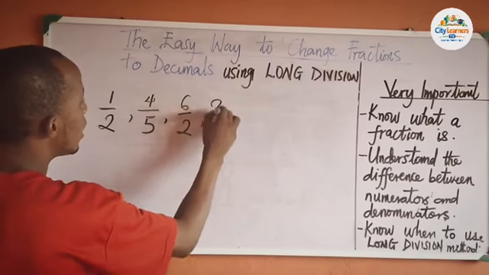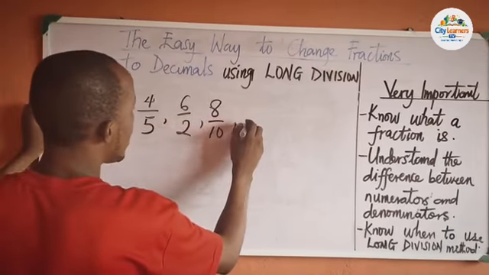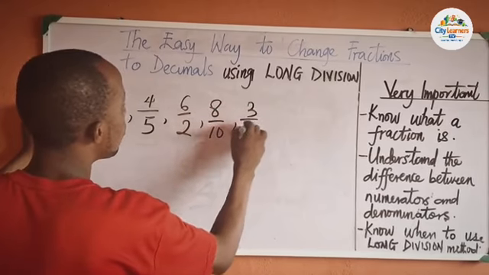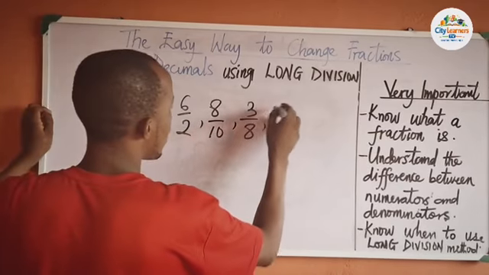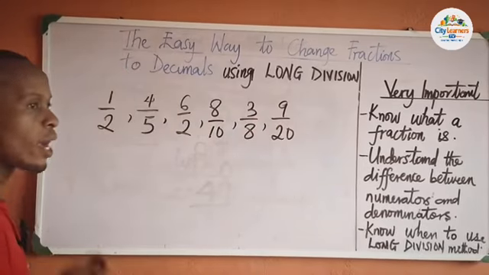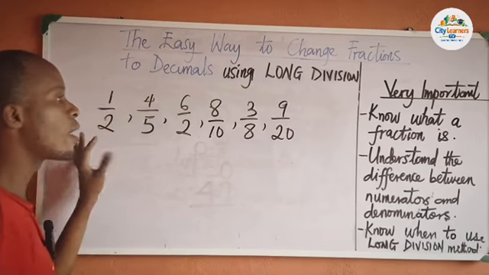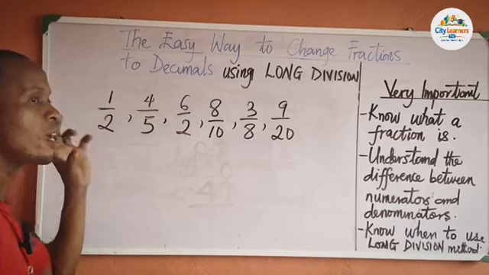Fractions can be 8 over 10. Fractions can be written as 3 over 8. In fact, fractions can be written as 9 over 20. When a number is given this way in mathematics, it simply means that number is a fraction.